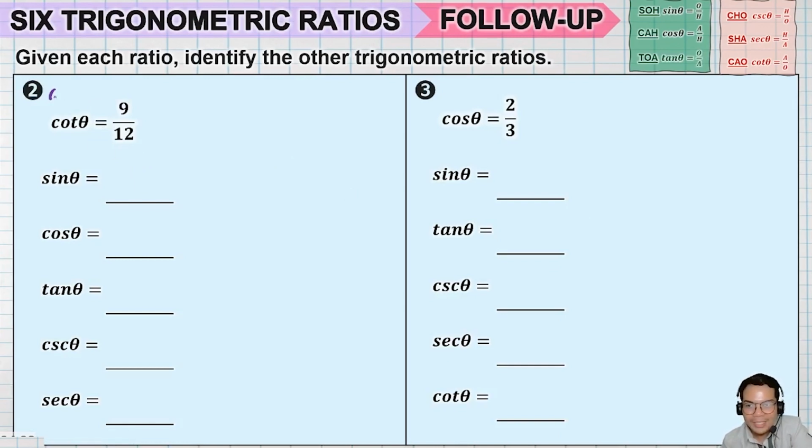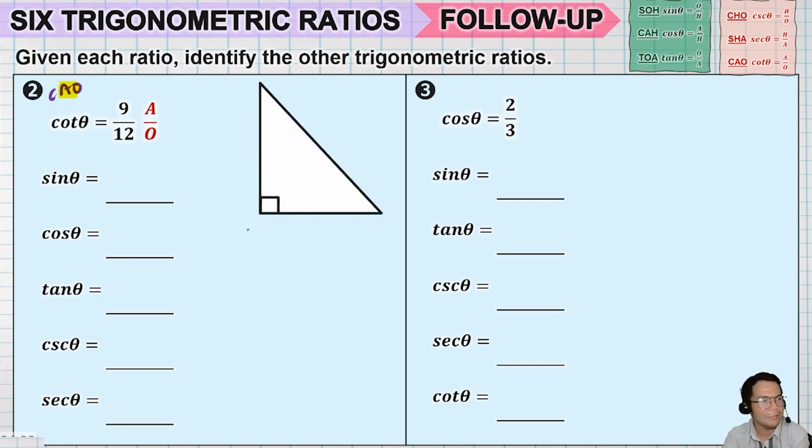So, KAW means the cotangent theta is equal to adjacent over opposite, which means the value of the adjacent side is 9 and the value of the opposite side is 12. Now, once again, pwede kang gumawa ng format. Ayan, same right triangle. Doon mo pa rin ilagay yung theta mo. That means, andiyan pa rin yung hypotenuse, opposite side, and adjacent side.